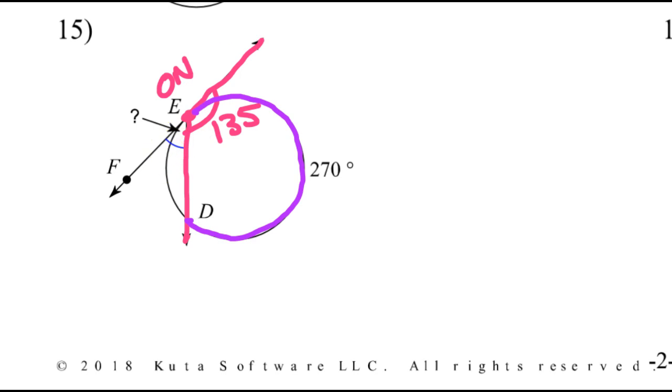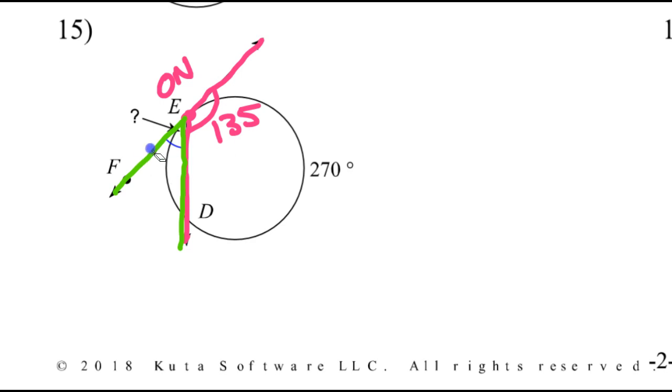Okay, but we are supposed to find this angle over here that I'm drawing now in green. Well, just to make it more clear, I'm going to erase this purple for a second. I'm hoping you can see that this is a linear pair. All right, this tangent line is a straight line.